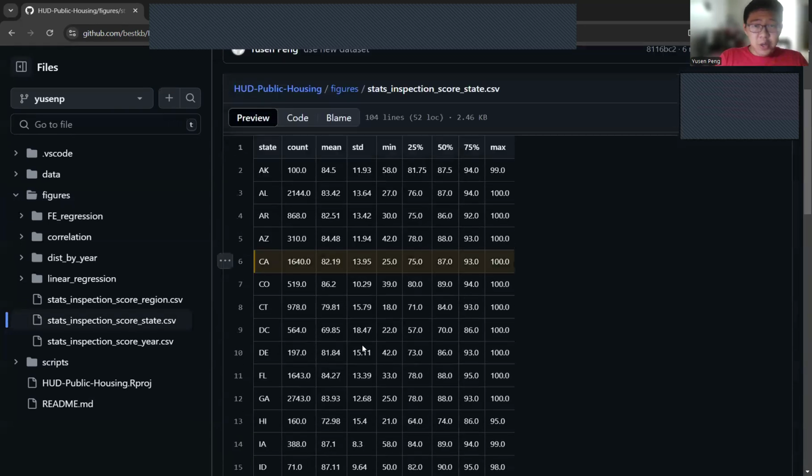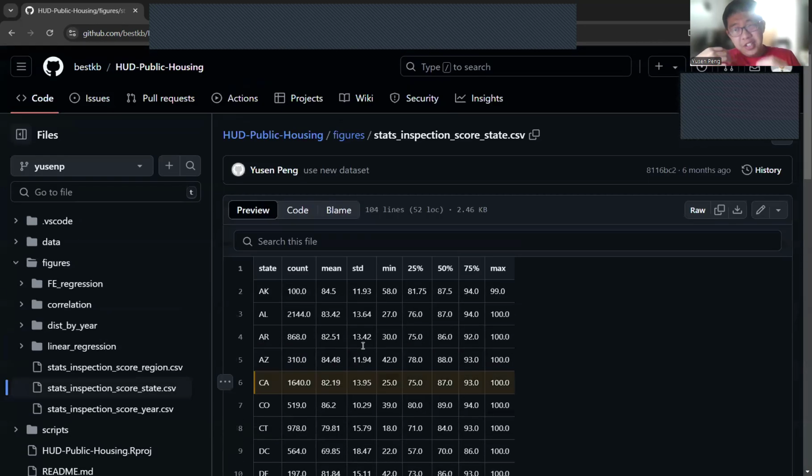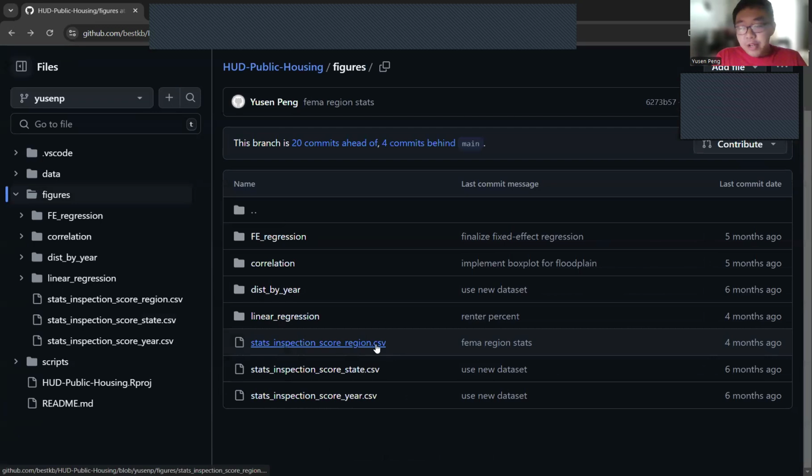So basically, this is inspection score, not over time, but across different states. For every single state, we know the basic distribution of the score, what's the mean value, what's the standard deviation, how varied these data points are. The other thing is the FEMA region I mentioned earlier.